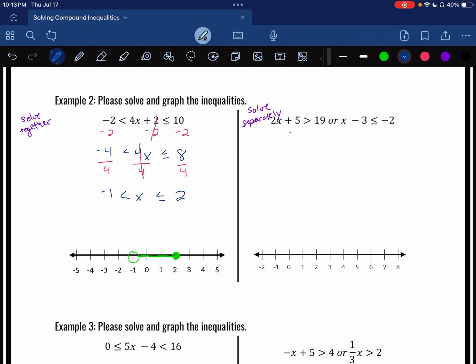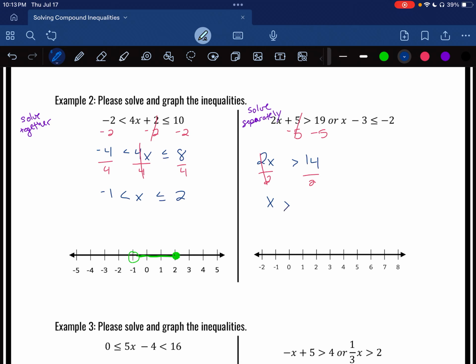I'll subtract 5 from both sides. So I have 2x is greater than 14. Now I've got to divide both sides by 2 to get x alone, and x is greater than 7. So that's going to be one of my inequalities.